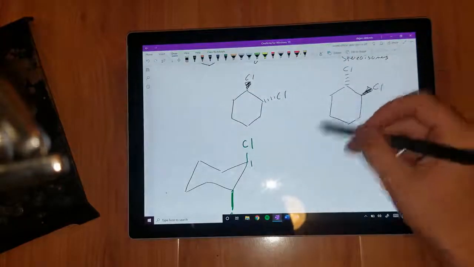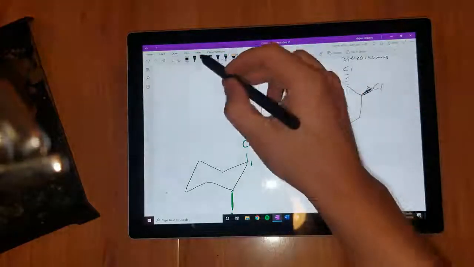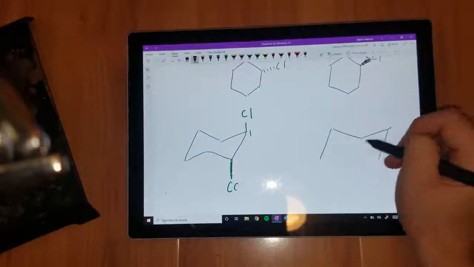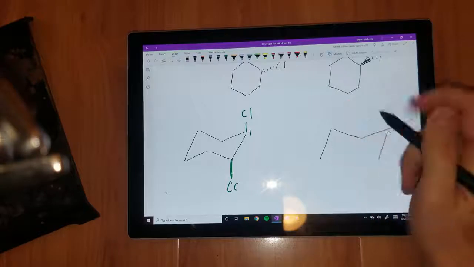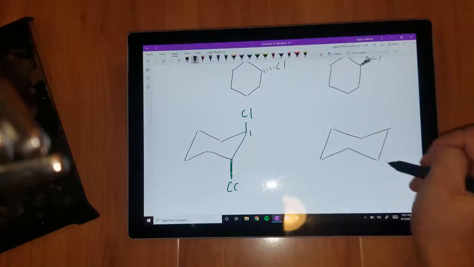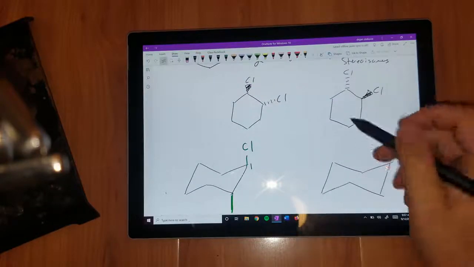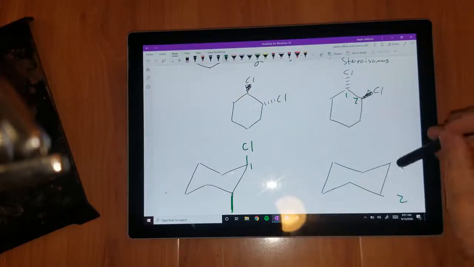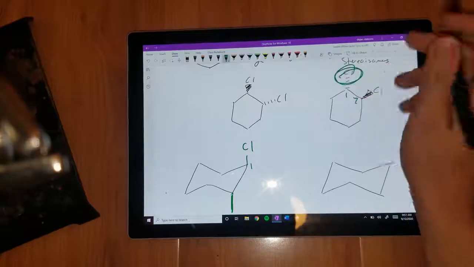And then let's draw this structure in the same configuration. We'll use the same numbering scheme, 1, 2, 1, 2. However, now this chlorine here is down.